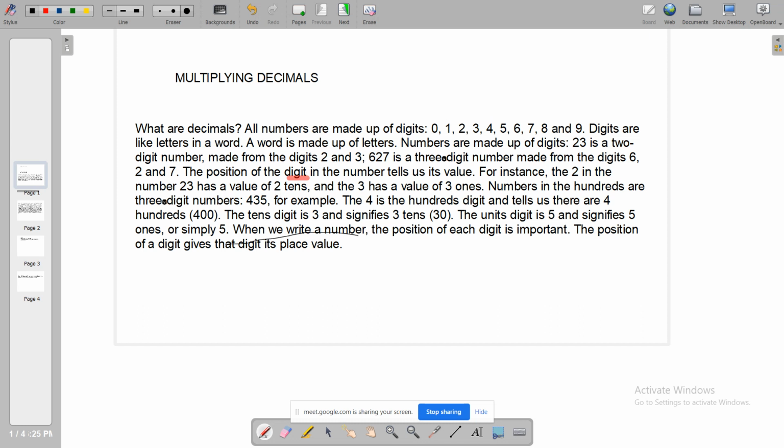If I have this number, 4, 3, 5, you think in terms of what position the 4 is in. It is at the hundreds column. This column is the tens.